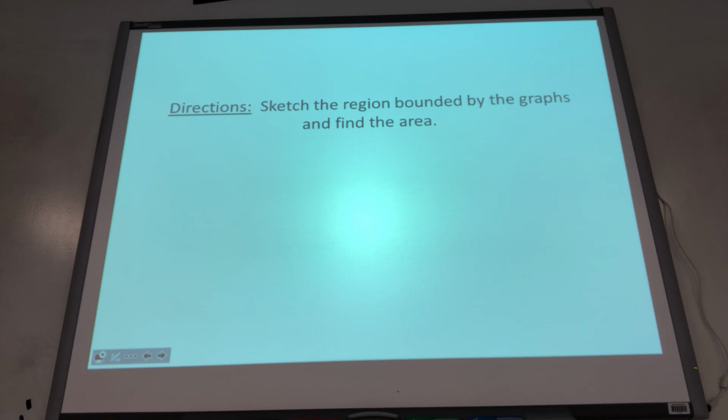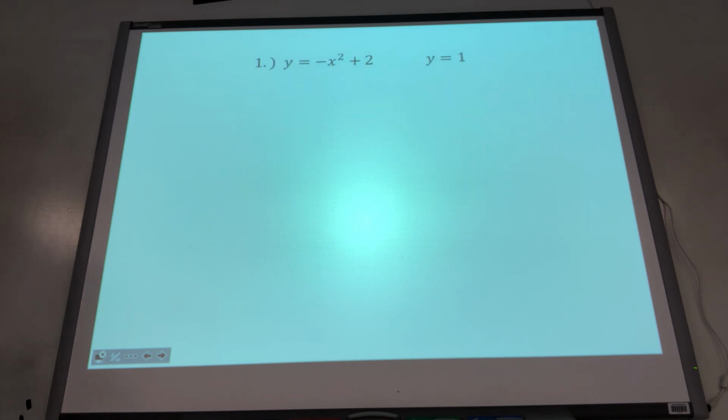Sketch the region bounded by the graphs and find the area. So even though I would like for you to graph on your paper, it's going to help to kind of graph it on your calculator first, and then you can just sort of recopy everything onto your paper.